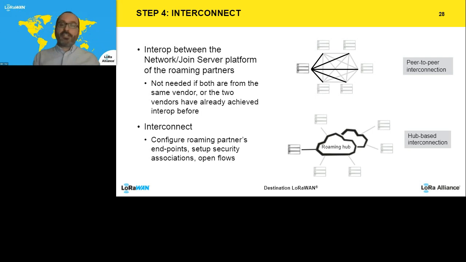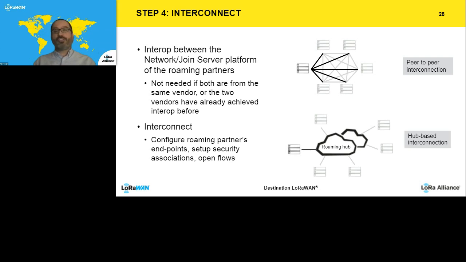For interconnection, there are two options. One of them is the peer-to-peer interconnect, where the network server of one operator will need to have this interconnect with every one of its roaming partners. And then we have also adopted the well-proven concept of running roaming hubs in our ecosystem, where any new network that wants to set up roaming with the others, if it chooses to go through a roaming hub, there will be only one-time interconnection, and through that, logical interconnections will be set up through this roaming hub.